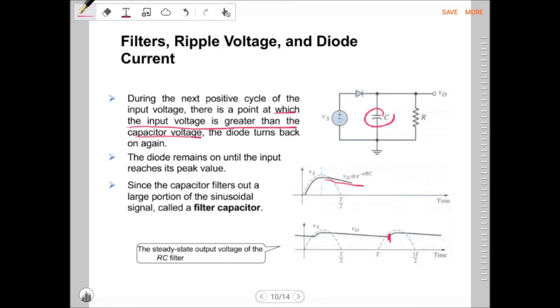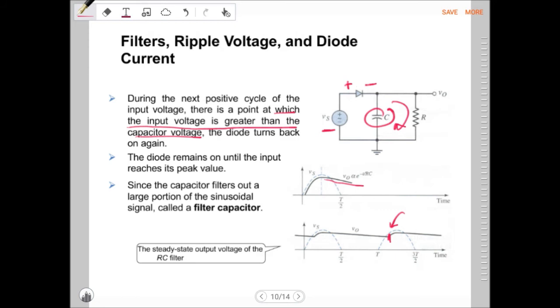The capacitor loses charge until Vs gains more voltage than the capacitor. It means now it's reversed, and the diode will turn on again, because you already lost charge in the capacitor, which discharged to the resistor. The diode will be forward biased again.